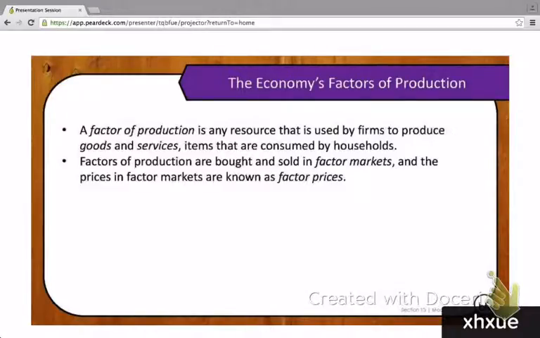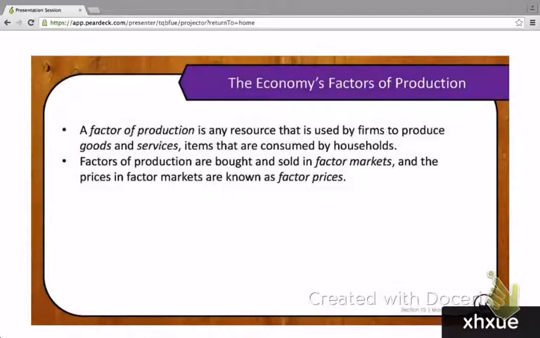So up until this point, we've explored product markets. Now we're going to look at factor markets in the circular flow. And this is where land, labor, and capital are exchanged from households to firms. And the prices that are paid for land, labor, and capital in factor markets are known as factor prices. But keep in mind, sometimes these factors of production are also referred to as inputs, just as goods and services in the product market are referred to as outputs.